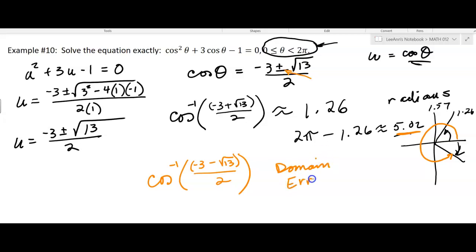Now, if you've played at all with your calculator, you've gotten that before. Domain error. Uh-oh. What does that mean? It means I got a problem here. The domain for inverse cosine is between -1 and 1.